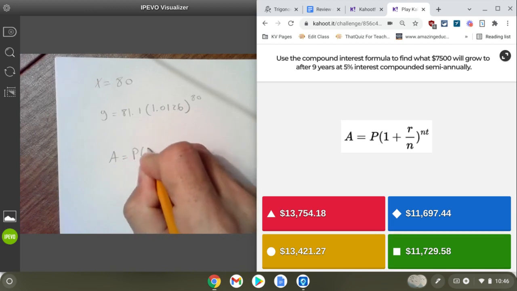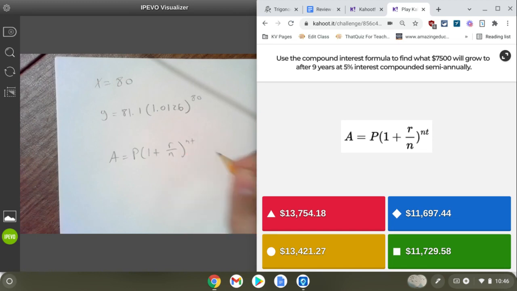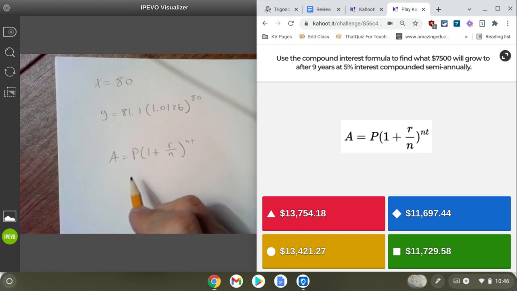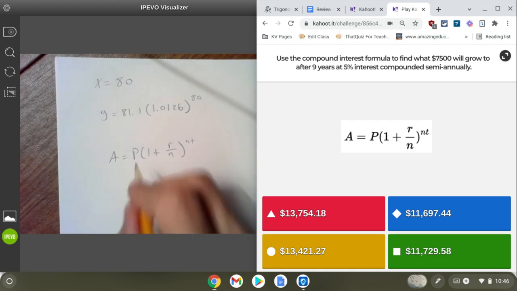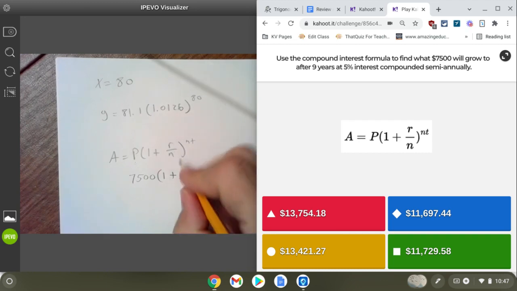The formula is P times 1 plus r over n, to the nt. The 7,500 is my initial investment, the principal, so I'll plug in 7,500 there. 1 plus the interest rate, r, that's going to be 0.05. You have to put that in as a decimal.